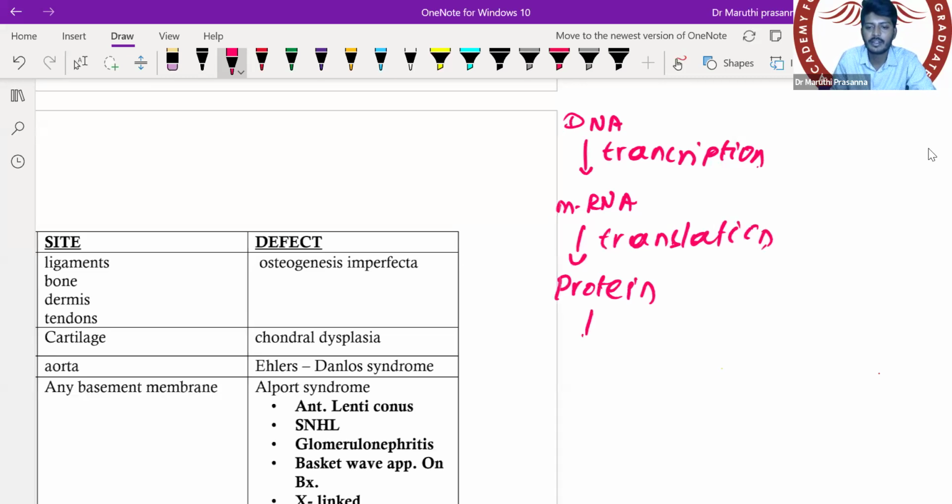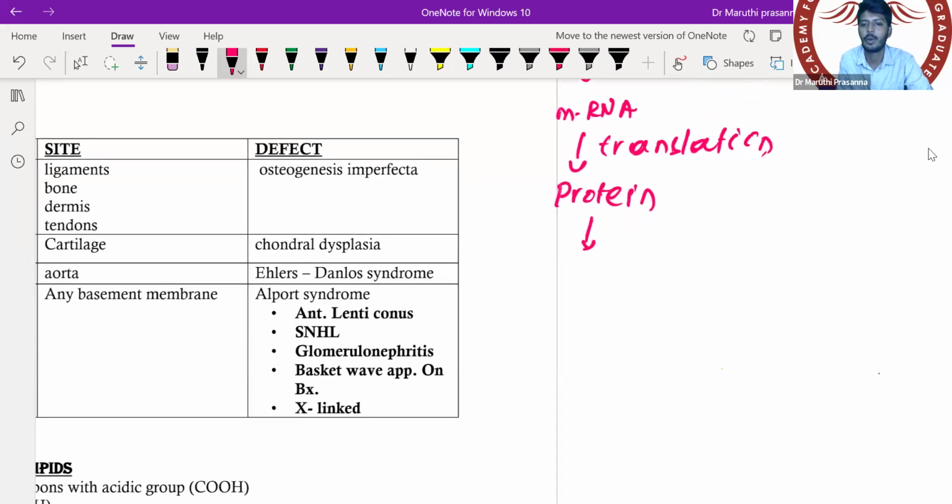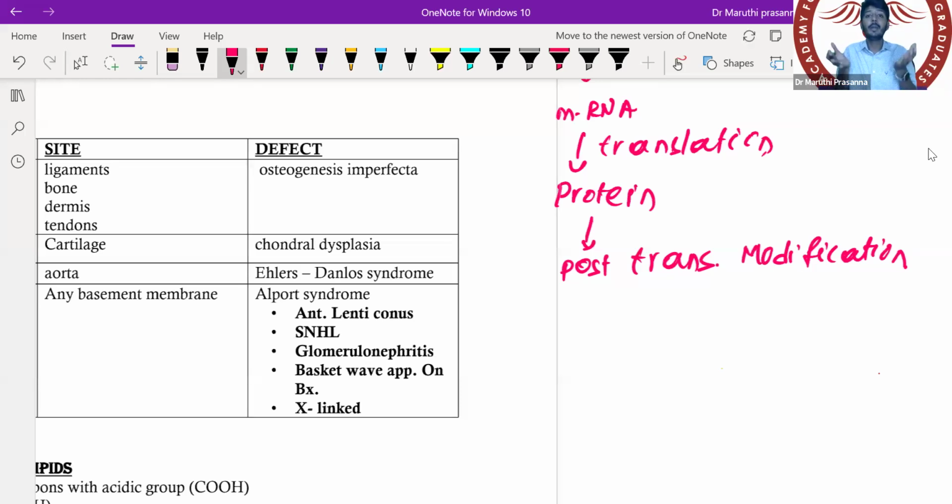Followed by the translation, sir, we will have post-translational modification. Post-translational modification means a protein is formed, and after forming the protein, there will be changes.